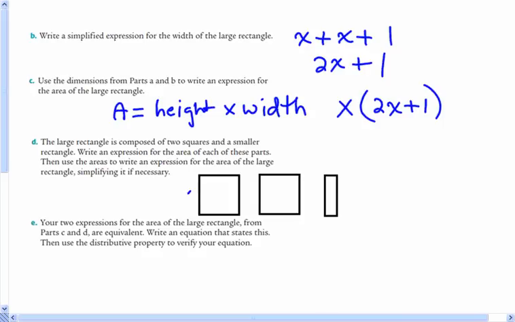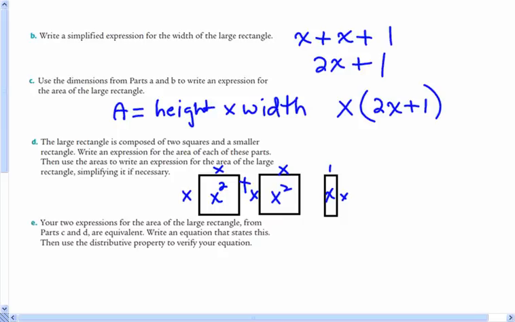Now remember that the height of those were x, and the width of those are x. Same with this one, x. This width was 1, and that height is x. So if we talk about the area inside those, we have x times x, which is x to the second, x times x, which is x to the second, and 1 times x, which is x.